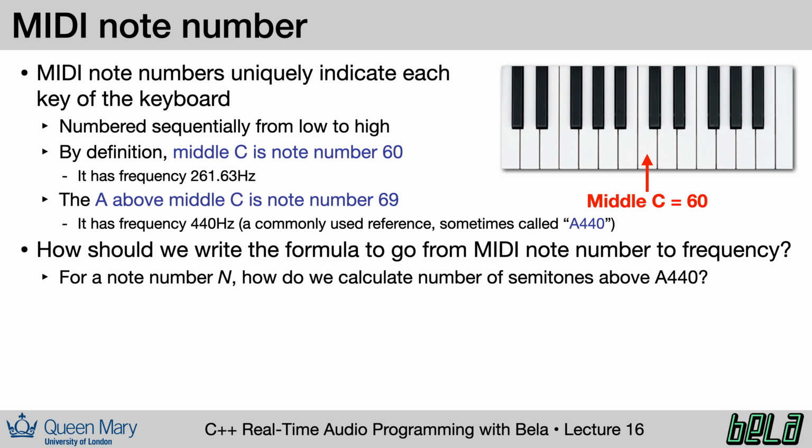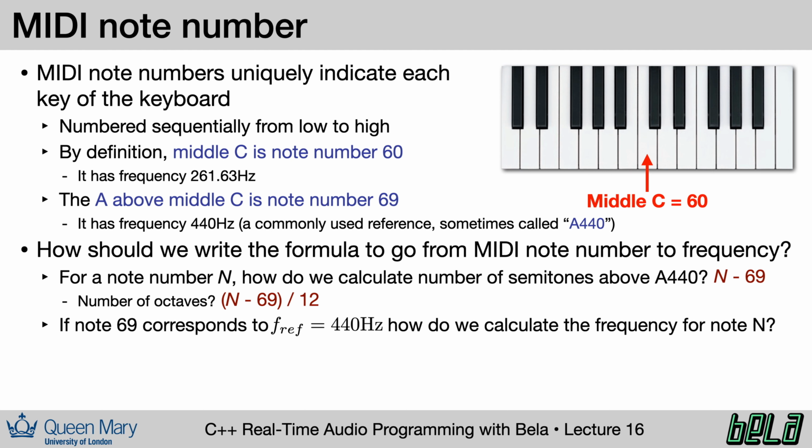First, given a note number n, we calculated the number of semitones above A440. That came out as n minus 69. Then we took the number of semitones and we converted it into a number of octaves above A440. That was (n minus 69) divided by 12. Given that expression, we were able to use an exponential function to convert the note number to a frequency as follows.